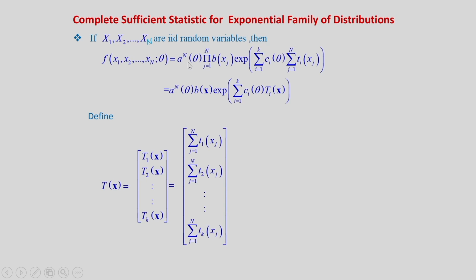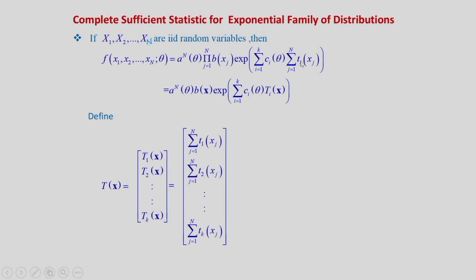That will be, because there are n terms now, a to the power n theta into product b of xj, j going from 1 to n, into exponential of summation i going from 1 to k ci(theta) into summation j going from 1 to n ti(xj).